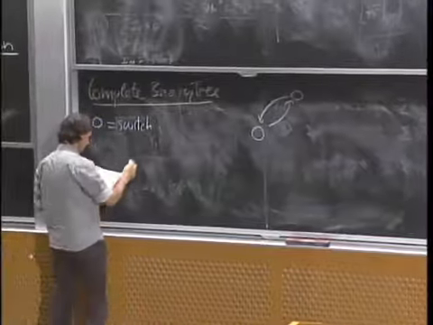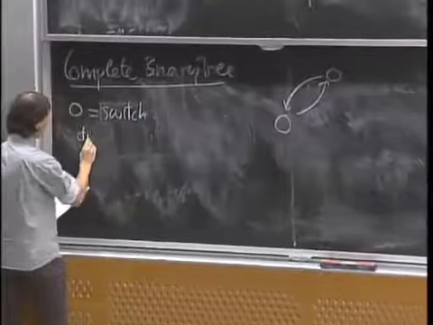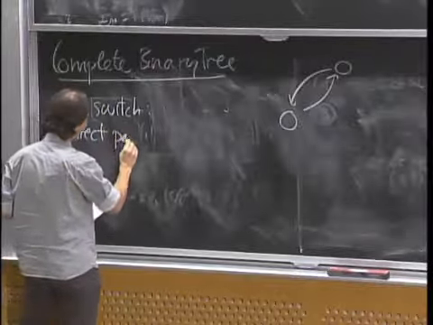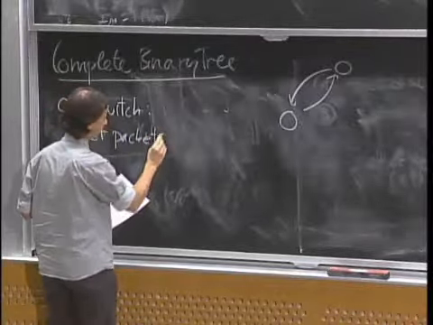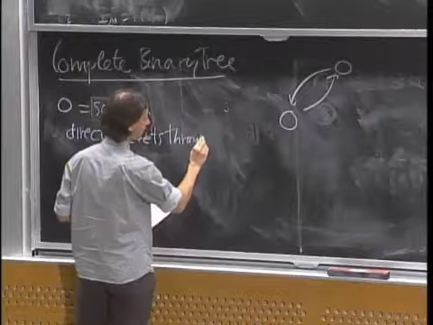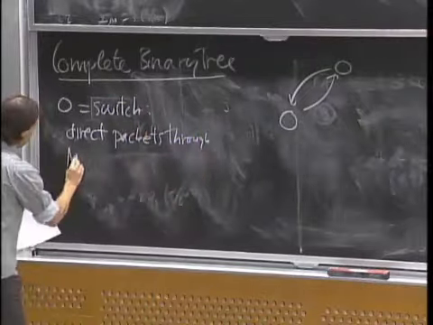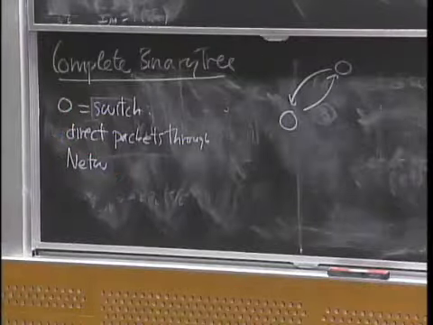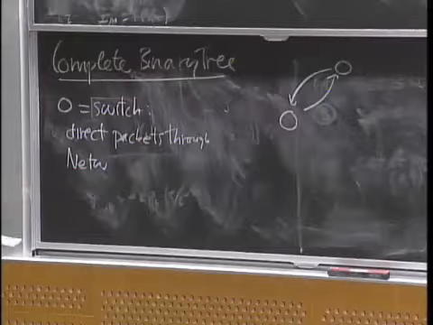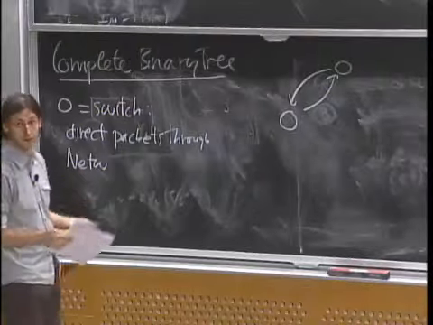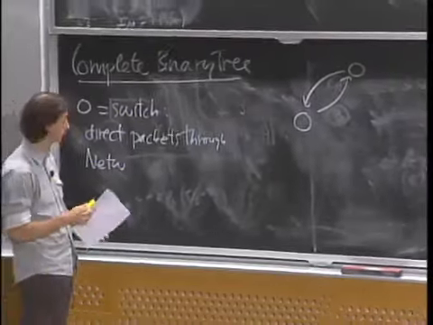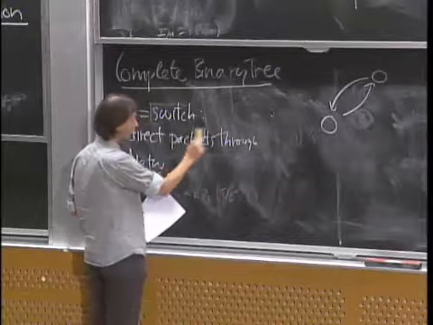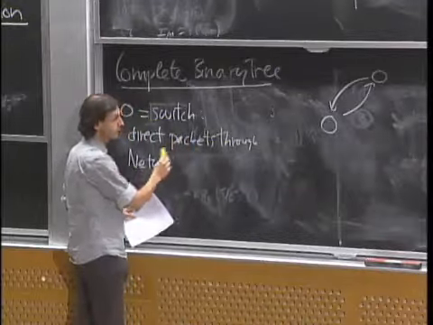And the idea is that these direct packets through the network. And these packets are fixed-sized packets of data, say 4,000 bytes or bits or whatever the network wants you to comply to. So these are fixed-size pieces of data.